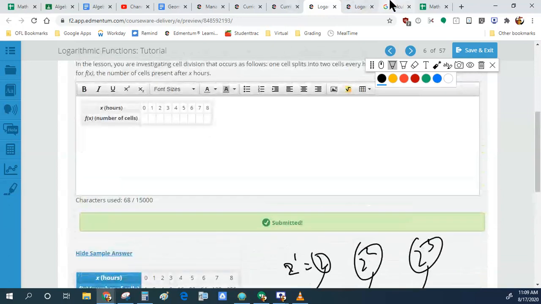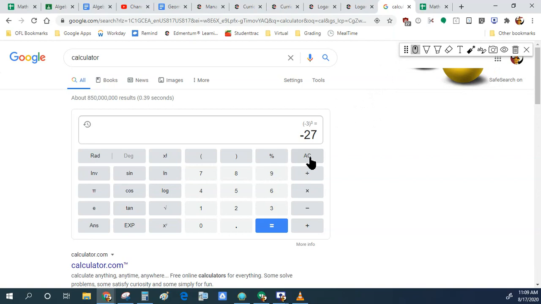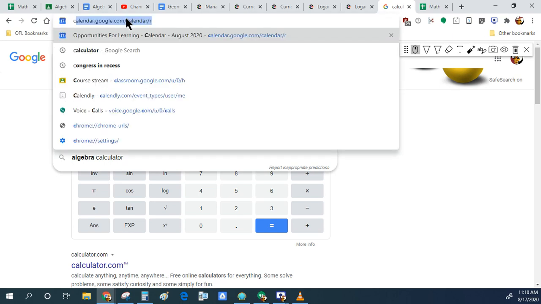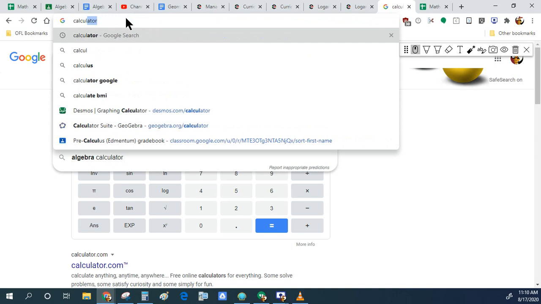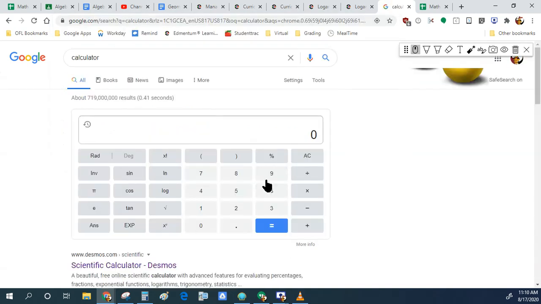I don't know if I've mentioned it in this class before, but I've mentioned it in other classes. If you guys need a scientific calculator at home, you can always just type calculator into Google. In fact, if you're on the Chrome browser, you can literally type it into your Chrome browser and it'll give you this scientific calculator right here.